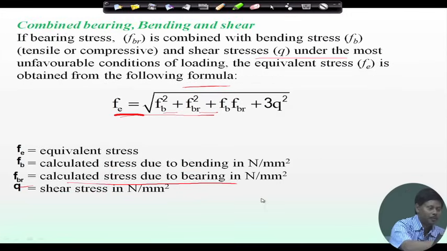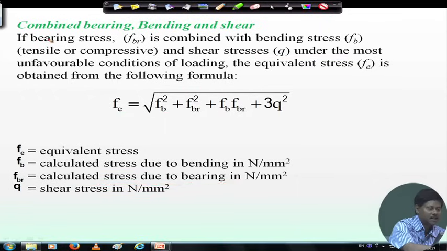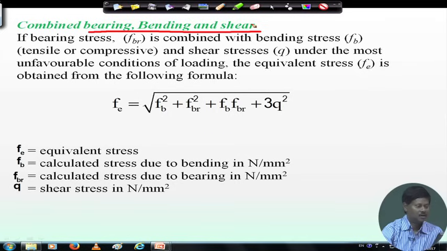Now, if we go for another combination, combined bearing, bending and shear. If we combine these three stresses, then the equivalent stress can be calculated from this formula.